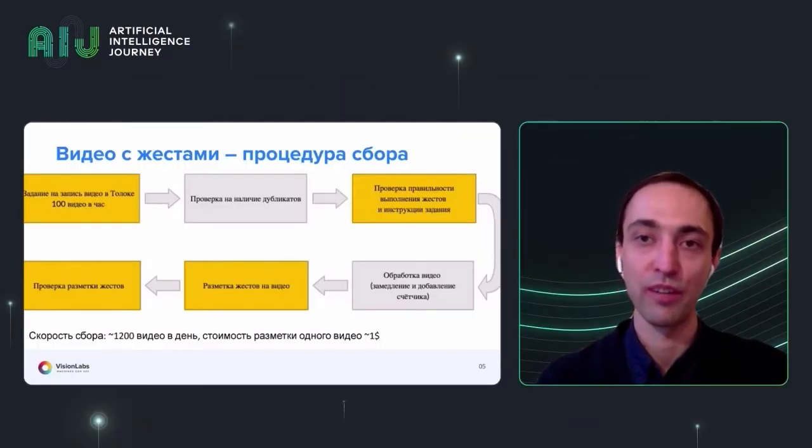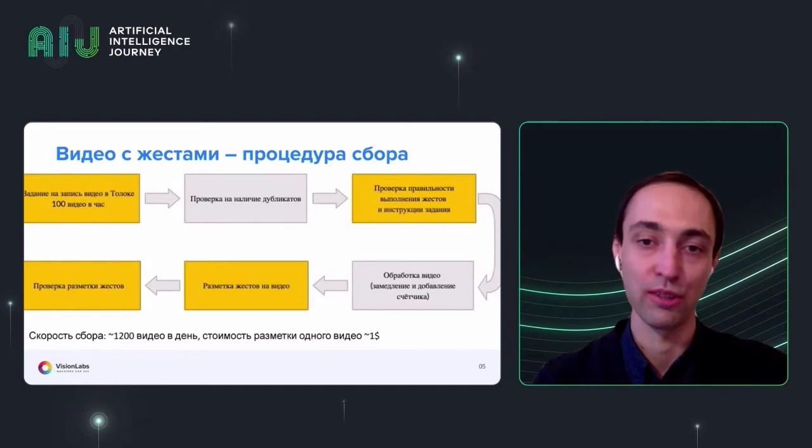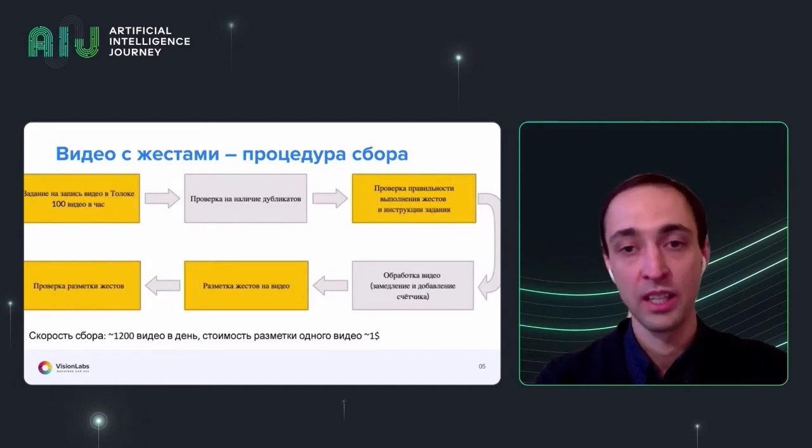Then we had to check the correctness of the gesture in compliance with our guide. Then we processed the video, we slowed it down, and added the timestamp function, and asked the users to make timestamps where the gesture starts and where it ends. And after that, it was additionally verified by other Toloka users.